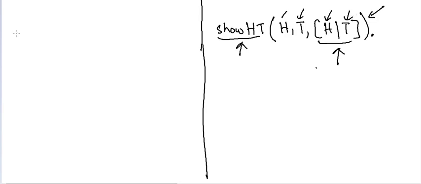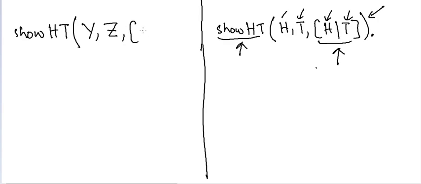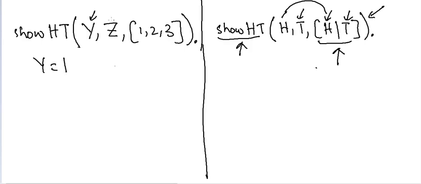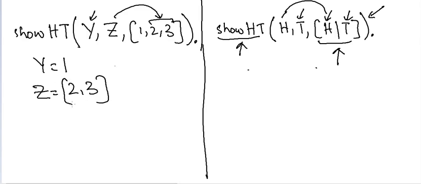For example, if I was to ask the question show head tail and I was to say something like y comma z comma 1 comma 2 comma 3, right? So y would correspond to the head, so y would be equal to 1 in this case, and z would be equal to the remainder elements. This would be another array.